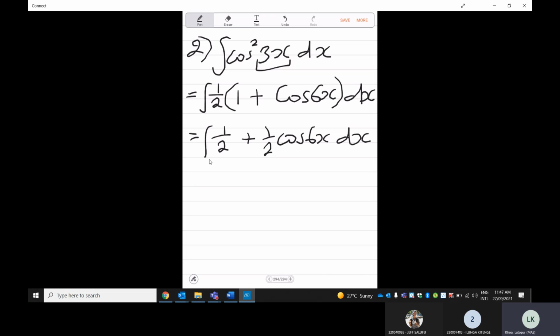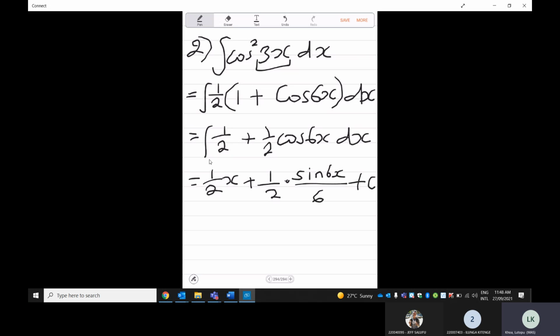And then we integrate each of them individually. The integral of half is x over 2, or half x. So I have a half x. And then here I have a half, the constant. The integral of cos 6x is positive sine 6x divided by 6. So this is multiplied by sine 6x over 6.